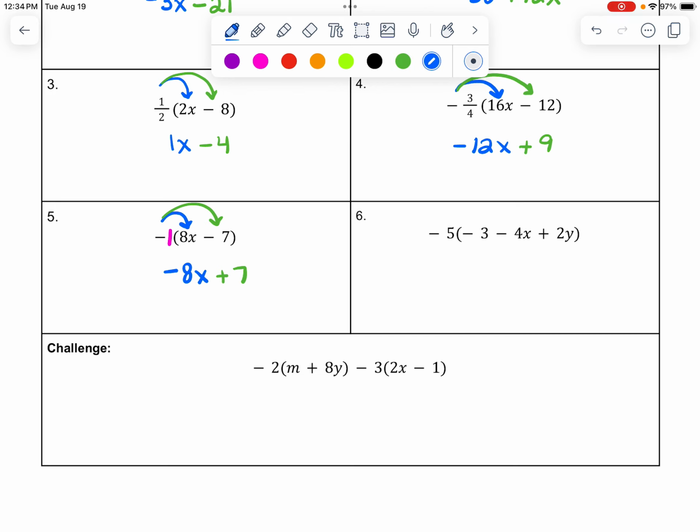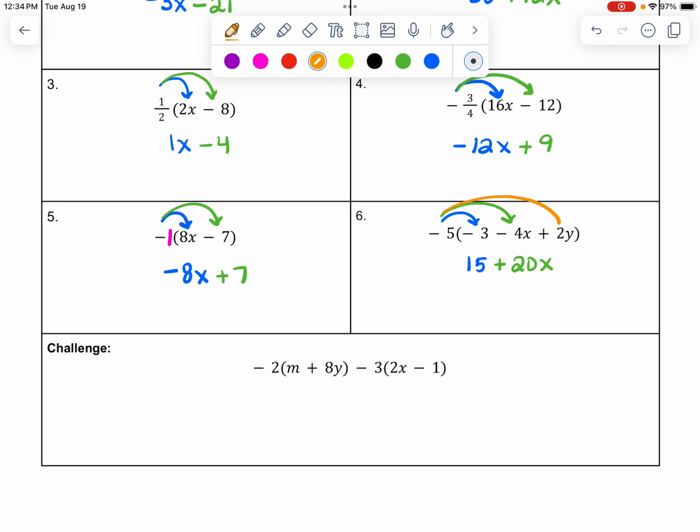For problem number 6, again, this one looks a little different because there are actually 3 pieces of the expression inside the parentheses, which means we just need to do 3 multiplication problems. -5 times -3 is positive 15. -5 times -4x is positive 20x.